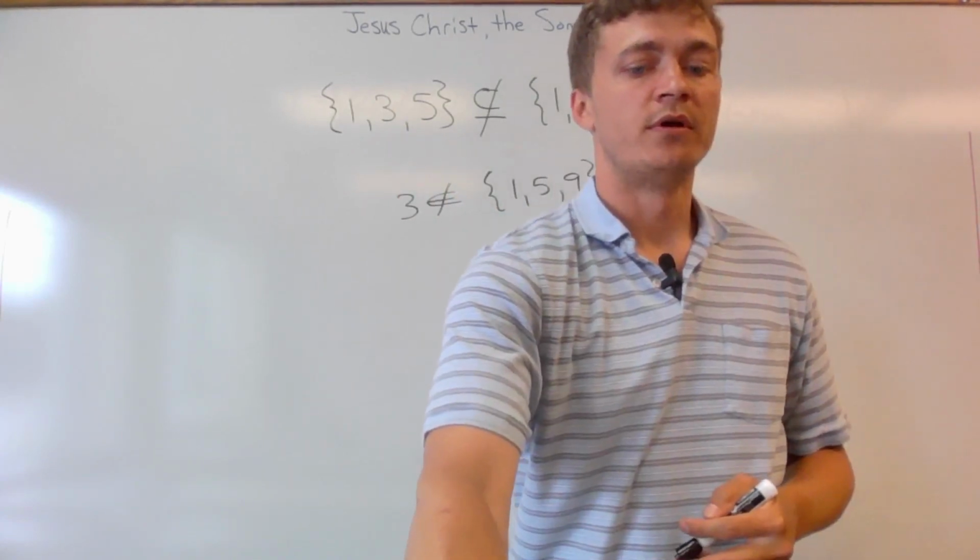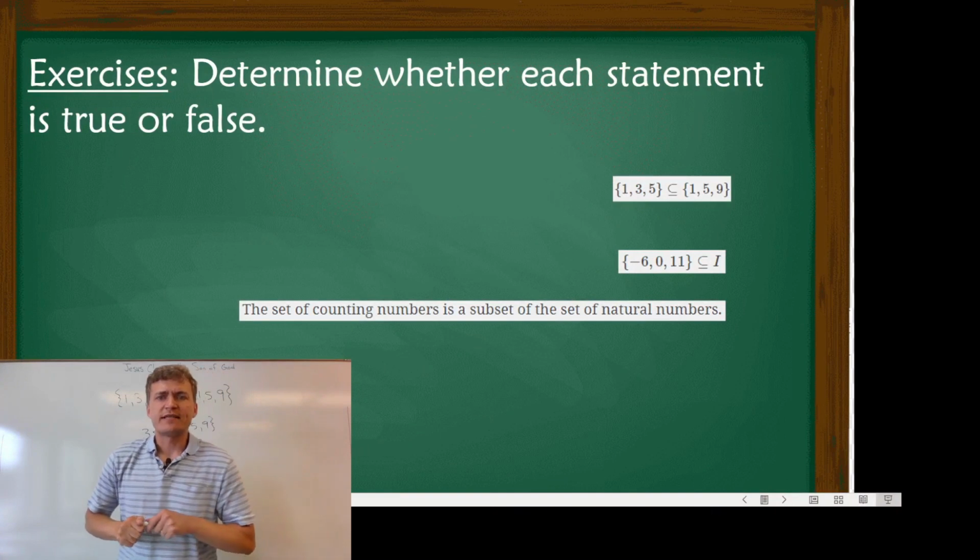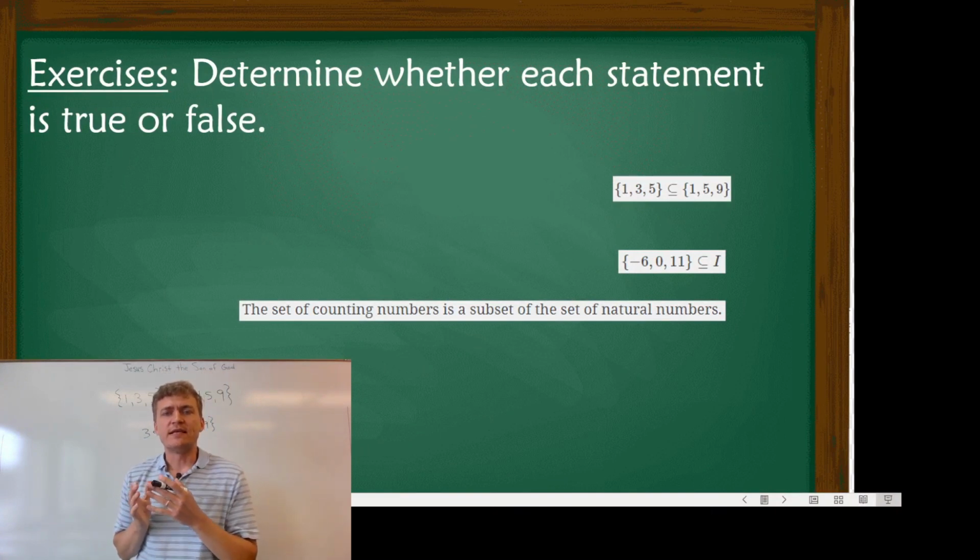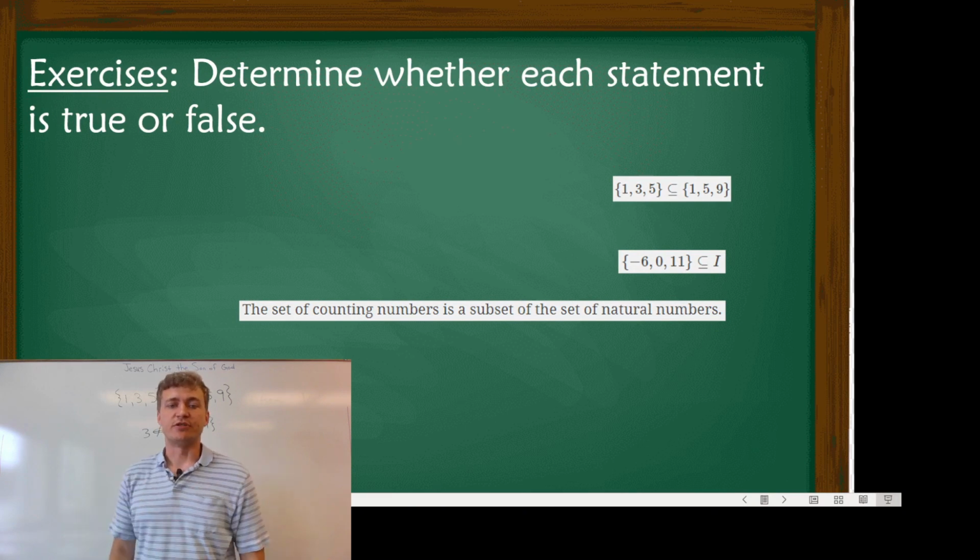Let's go back to our examples here. Our next example says, well, is -6, 0, and 11 a subset of the integers? Well, -6 is an integer, 0 is an integer, 11 is an integer. So that's true. The set of 3 elements is a subset of the integers. Last one here, the set of counting numbers is a subset of the set of natural numbers.